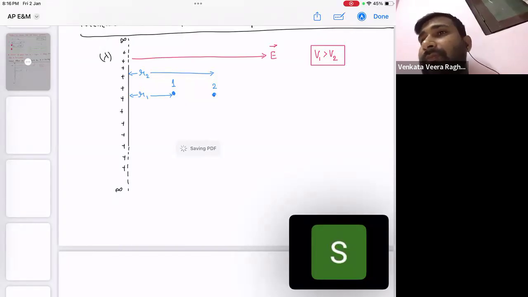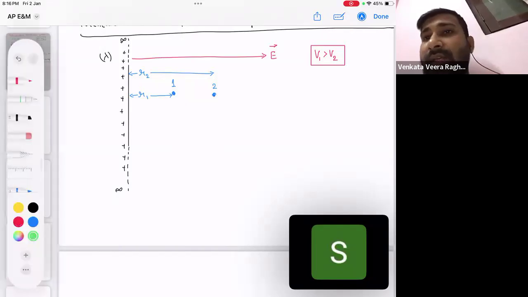If I want to calculate the potential difference, I will start with the field. Let's say there is a point some x distance from the wire. Can you tell me what the field will be at a distance x from the wire?